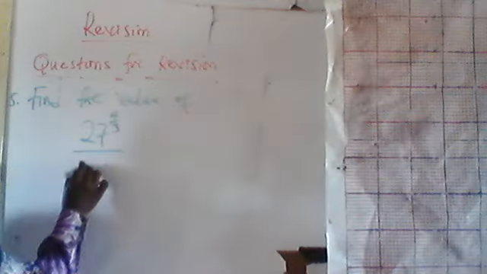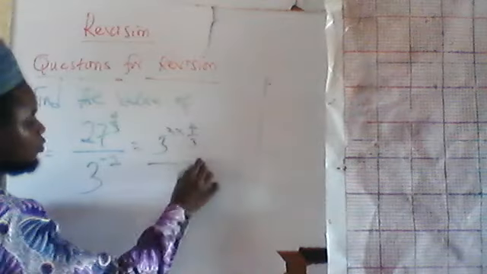So the question says that you are to find the value of 27 raised to power 4 over 3, then divide by 3 raised to power minus 2. So what are we going to have? 27 raised to power 4 over 3 divided by 3 raised to power minus 2.